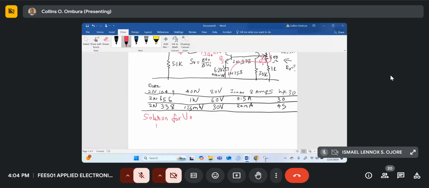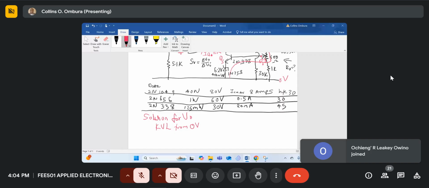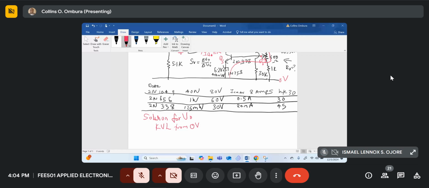From ground, or 0 volts, through the 6.3 volts Zener, to the base of Q2, sorry, of Q3, to V naught.